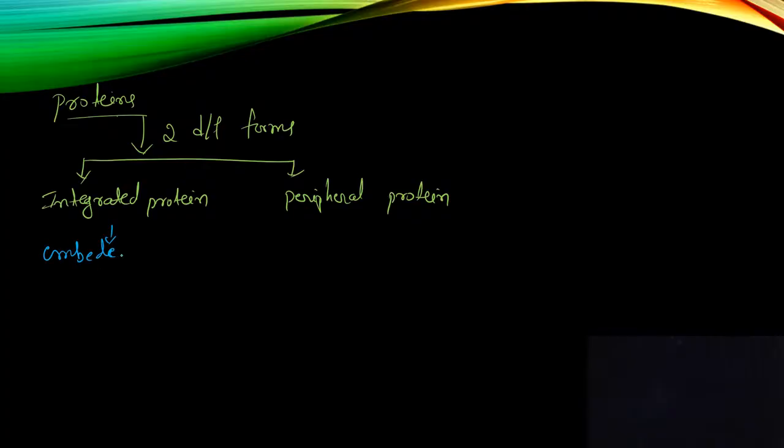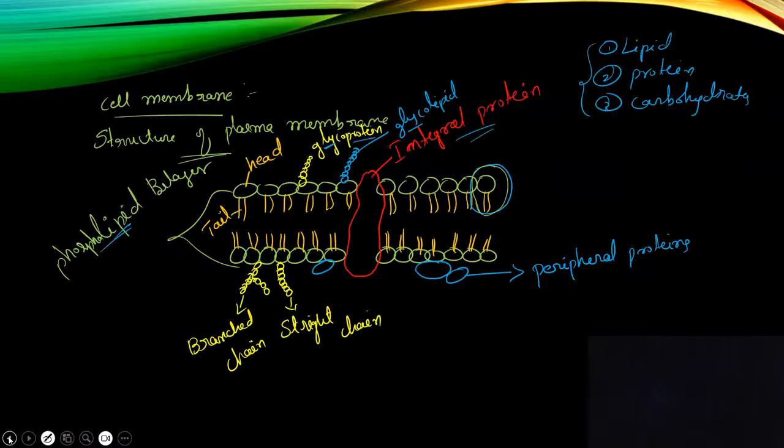And some portion of this integrated protein is exposed to the outer side, to the periphery, but the majority of this protein is completely embedded in the lipid bilayer. You can observe in the diagram. See here, this is an integrated protein.